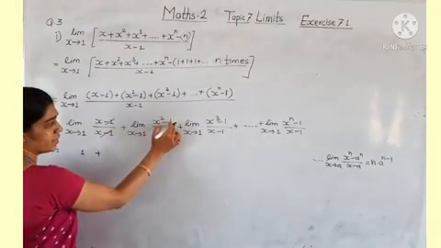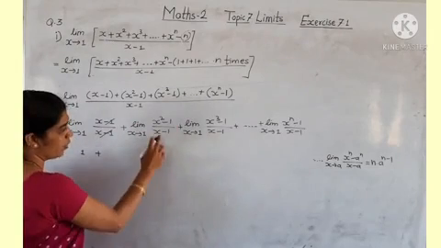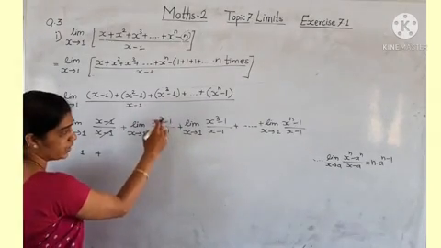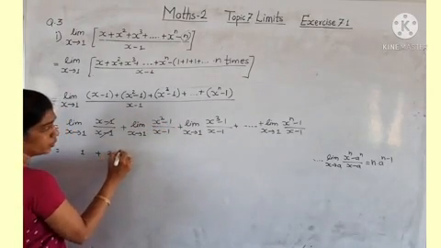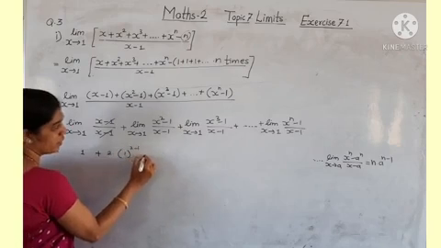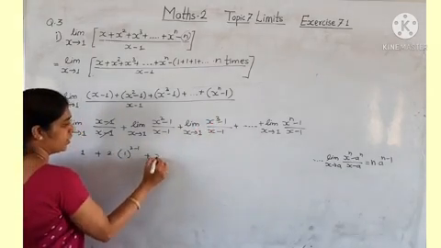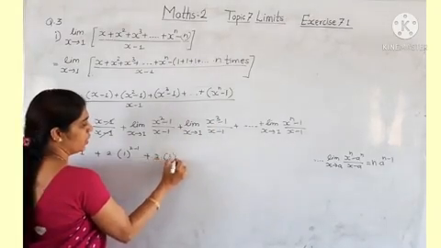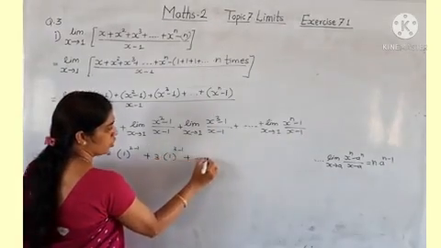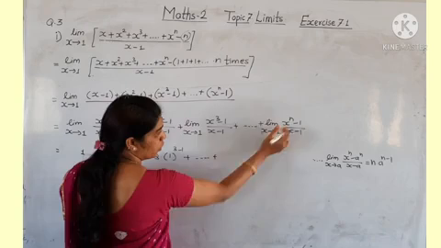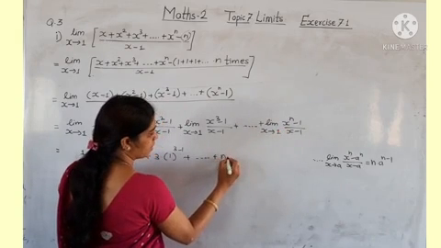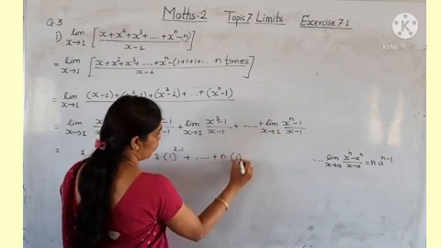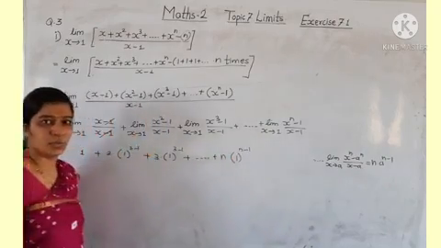What is n here? 2 into 1 raised to 2 minus 1, plus here what is n? 3 into 1 raised to 3 minus 1, plus dot dot dot plus what is here? n as it is, into 1 raised to n minus 1.